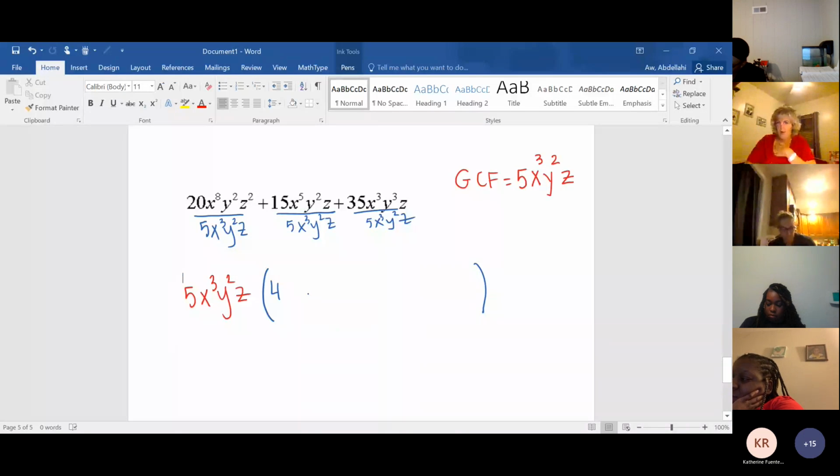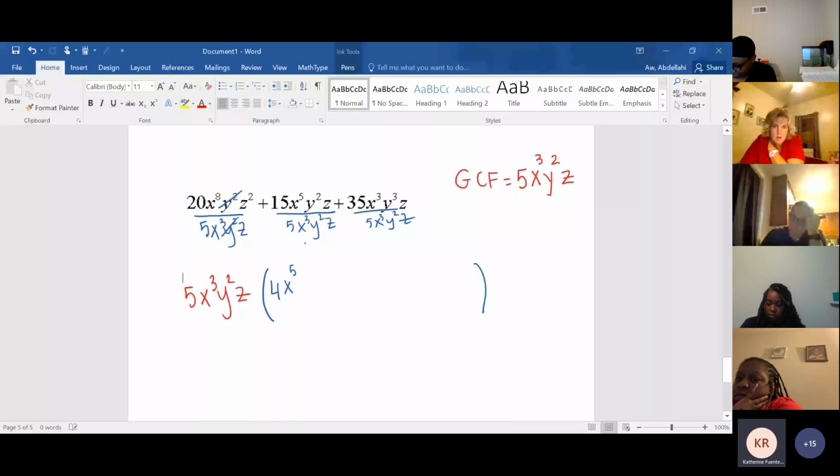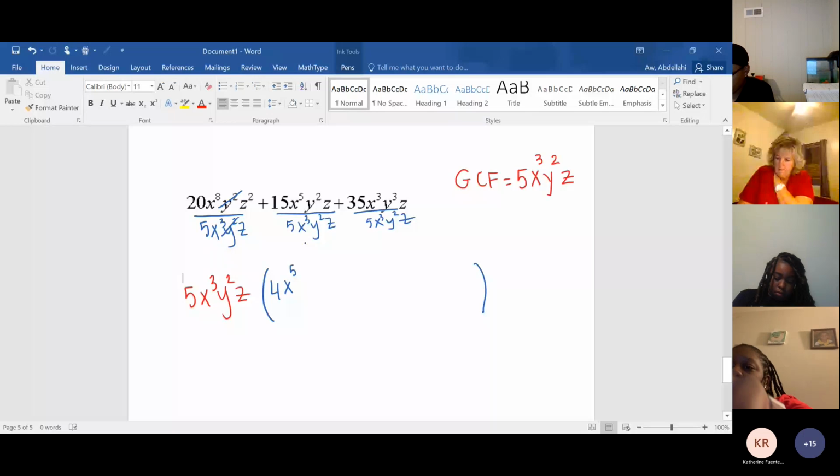X to the fifth divided by x cubed, 5 minus 3, is x squared. Y to what power? The y squared and y squared are gone. And z to what power now? Z to the power 1, thank you.